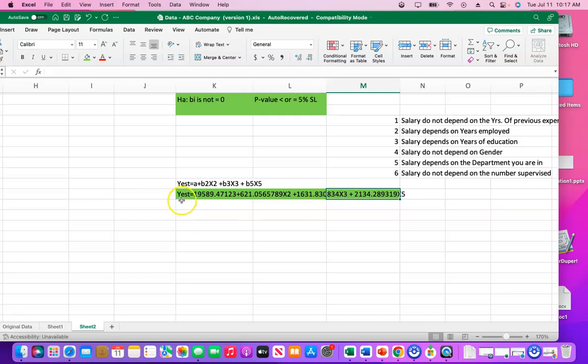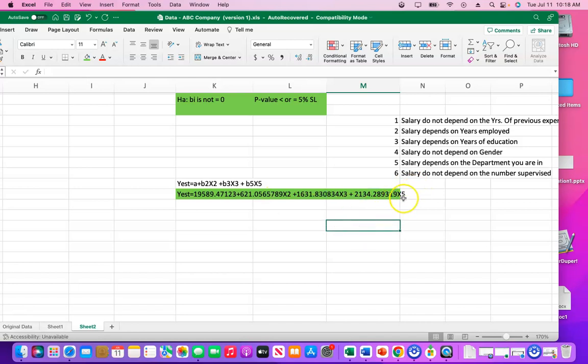So we'll say that a year of education will add to your salary $1,631.830834, and that amount is significant. And in this case, we hold other factors constant, which are X2 and X5.